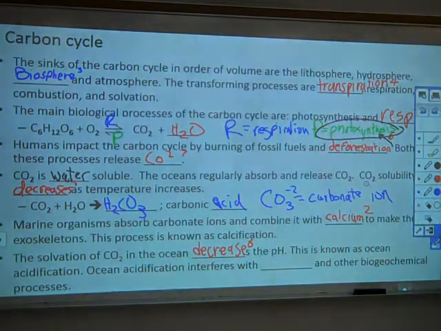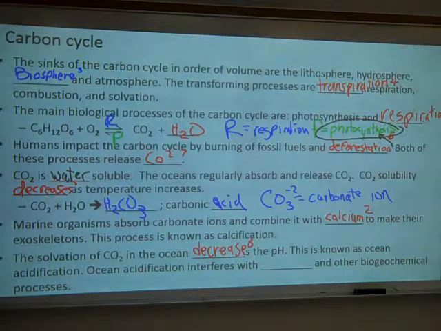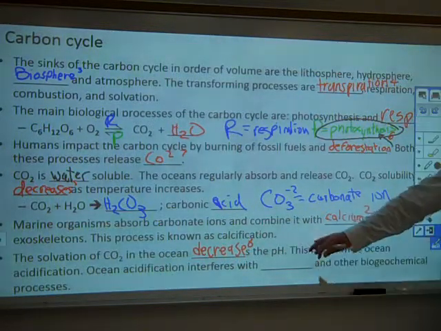Okay, carbonate ion. And this is good for a lot of the creatures in the ocean that have shells, because they absorb that carbonate ion and combine it with calcium to make calcium carbonate.